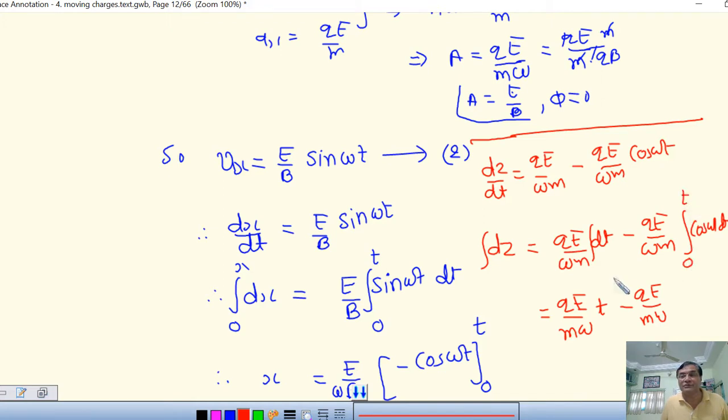Cos becomes sin, so sin omega t minus sin 0, which is 0. So this is your z.